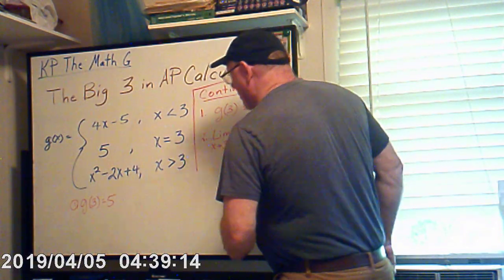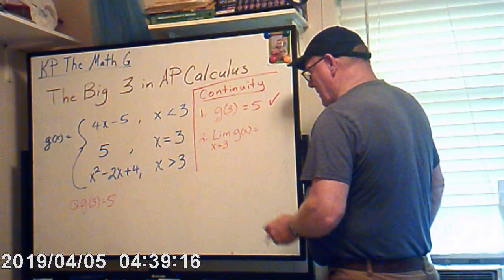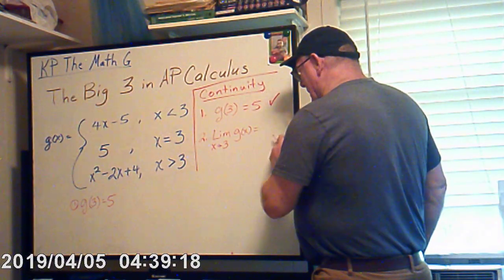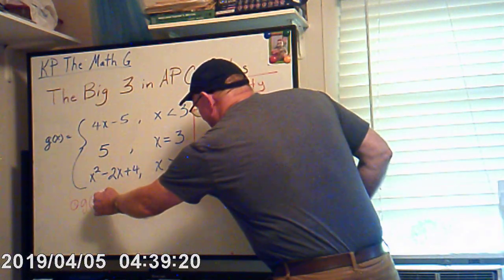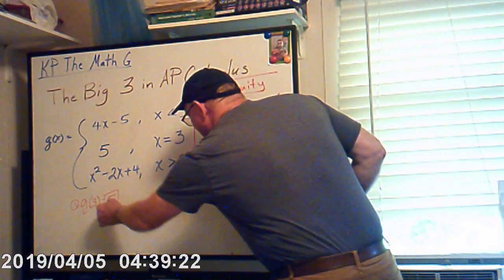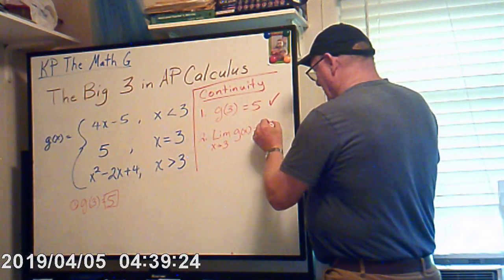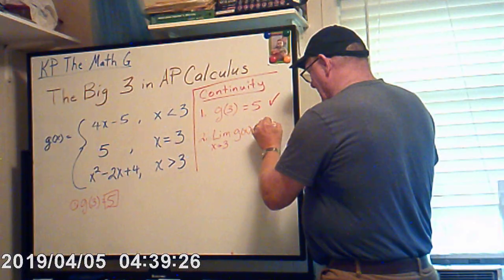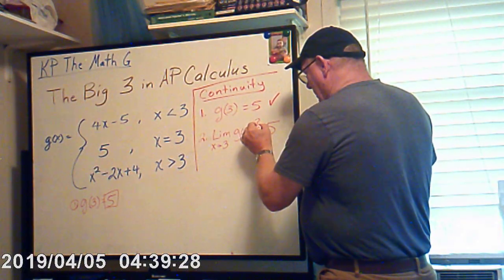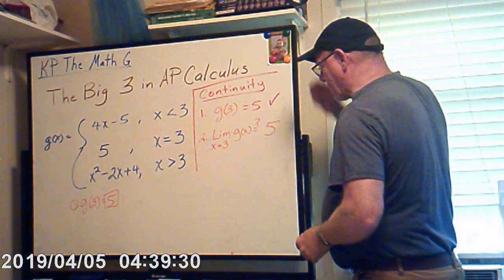Well, we hope that not only does it exist, but since we found 5 the first time, we need to find 5 all the time here. Let's put a question mark by that.